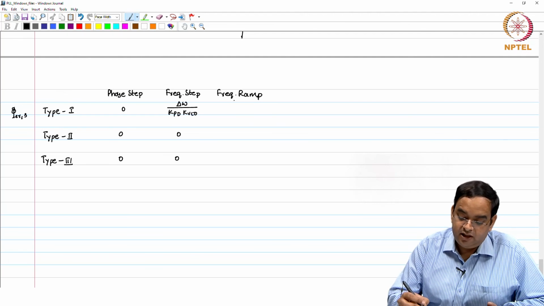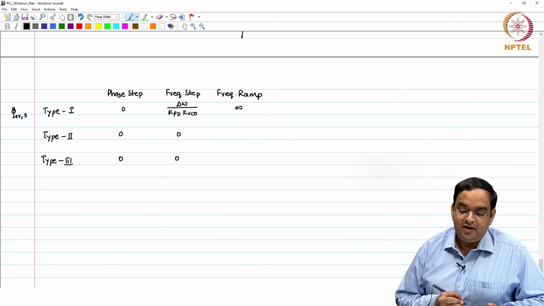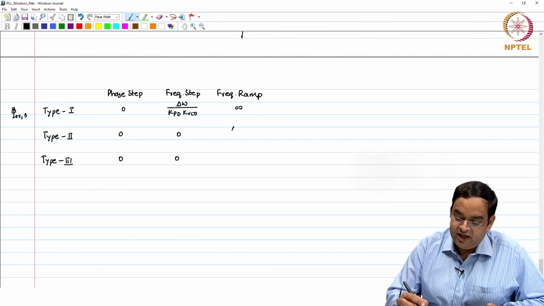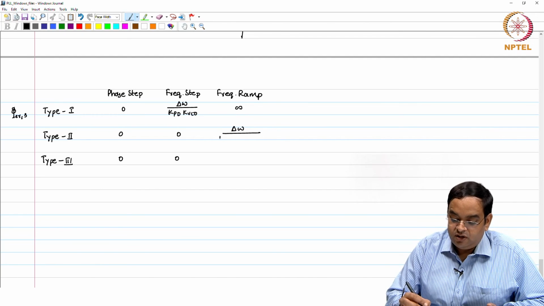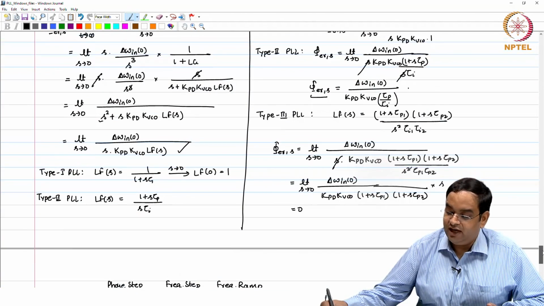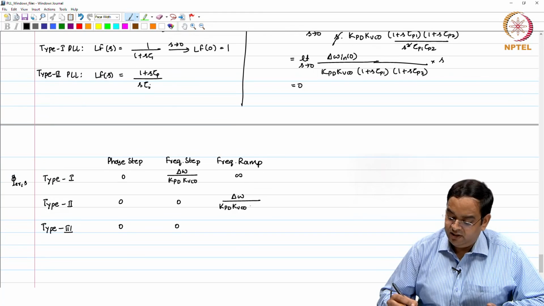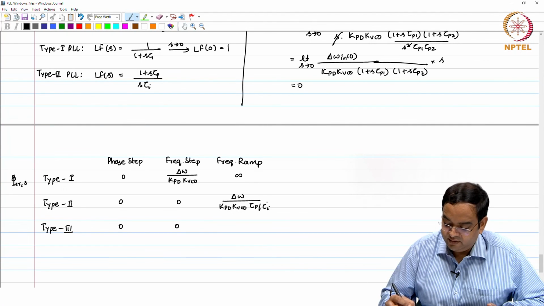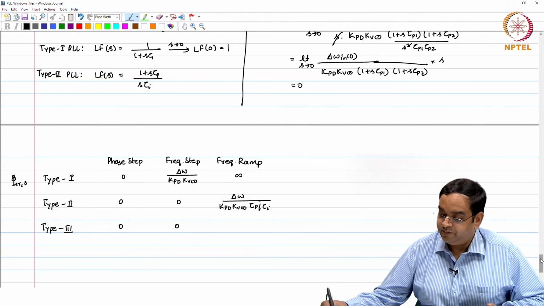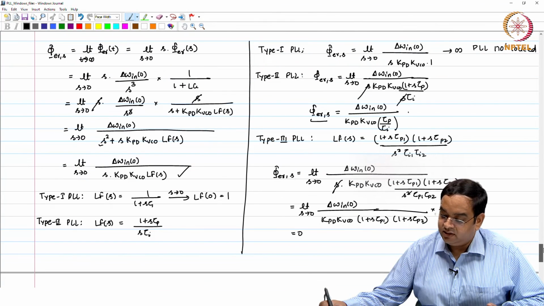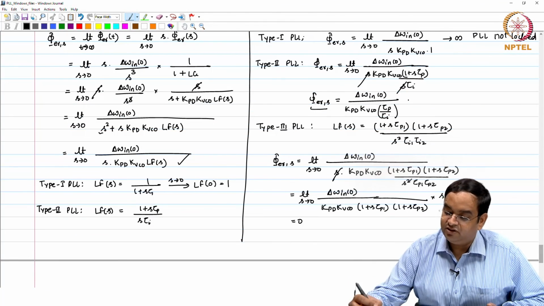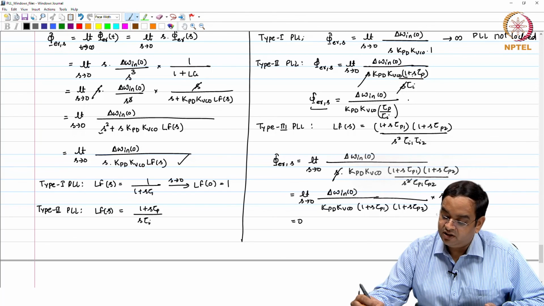When you have frequency ramp, type 1 PLL will give you steady state phase error as infinity, that means not locked. Type 2 PLL is going to give you delta omega by KPD times KVCO, let us just cross check the value what we have, into tau P by tau I. Is it true? Okay. So, this is not tau P by tau I, because when you substitute S equal to 0, here this is 1, sorry.